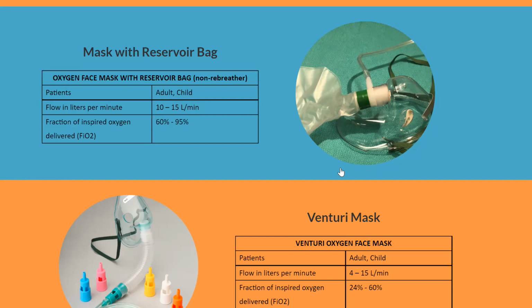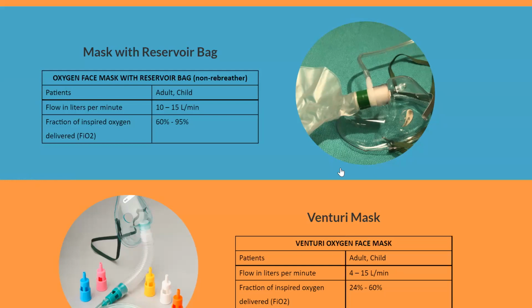The nasal prongs are the simplest one, giving a limited FiO2 of no more than 40, and the flow ranging from 1 to 5. And remember that with a flow above 5 or 6 of nasal prongs, you are causing discomfort to the patient. You are not helping the patient, and it will not increase your FiO2.